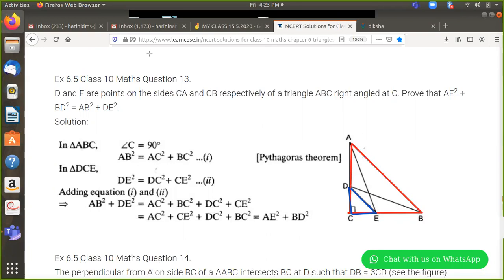So when I go back to that DEC, I can write DE square is equal to DC square plus CE square by the Pythagoras. Now I have 2 equations whose left hand sides are AB square and DE square. So when I add them, I get AB square plus DE square. Whatever is on the right hand side is fully added up like this: AC square plus BC square plus DC square plus CE square.